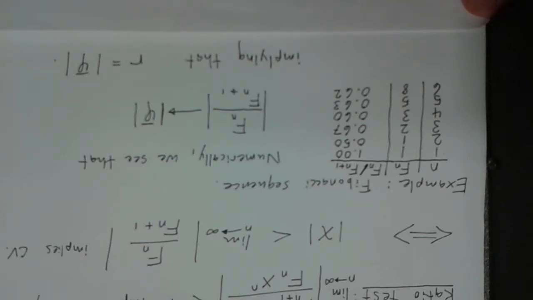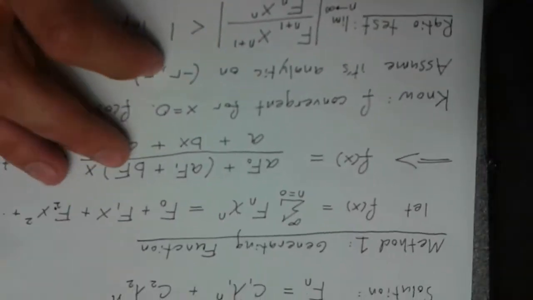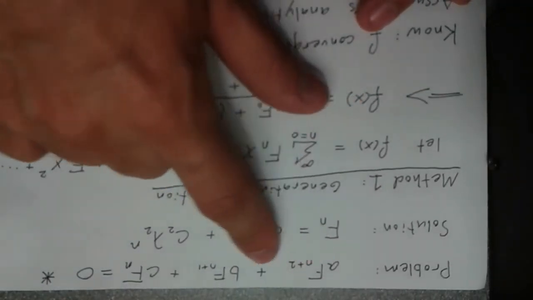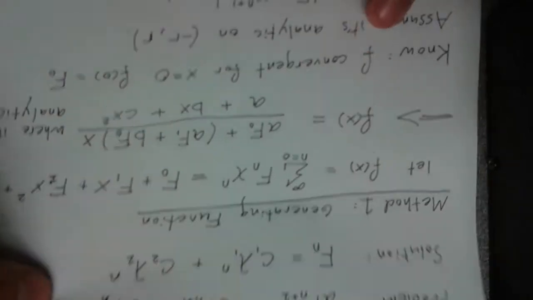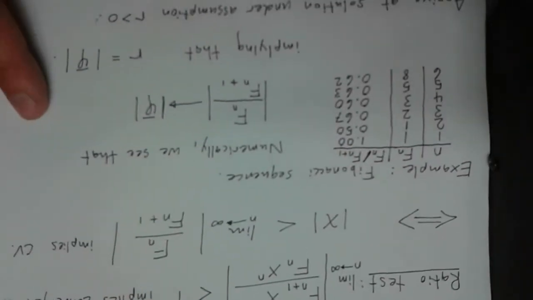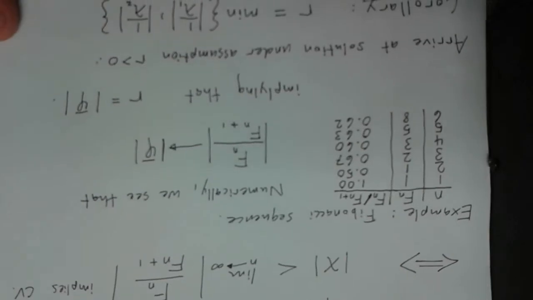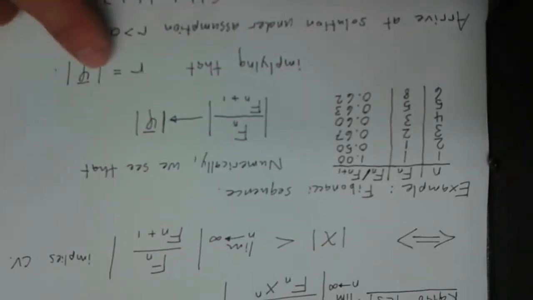The idea is that for any equation that looks like this, you could just look at those terms and you'd see that's a pretty good numerical indicator that yes, this thing will converge.